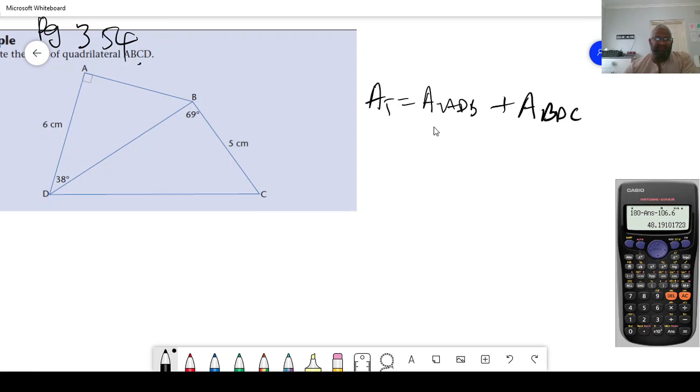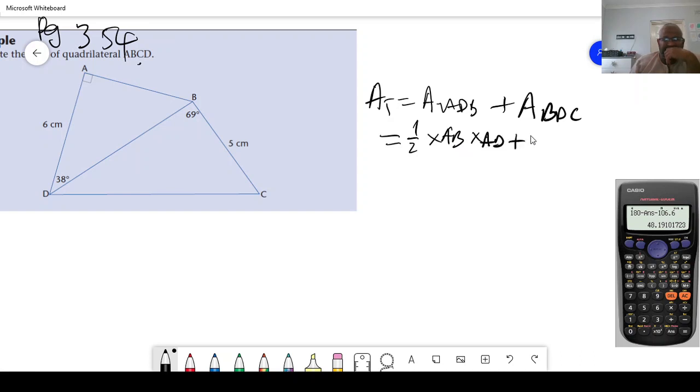Okay, so for the area of this triangle here, as you can see, there's 90 degrees. So it's going to be half base, which is AB, times perpendicular height, which is AD. That's your base and that's your perpendicular height. So it's half AB times AD.